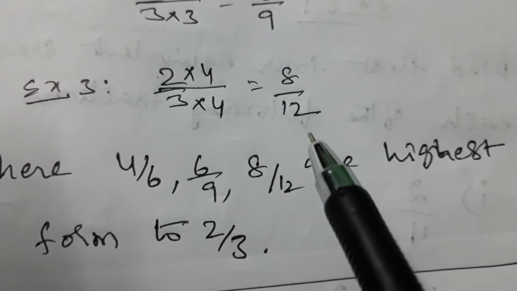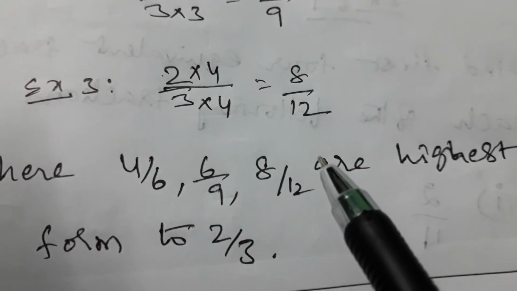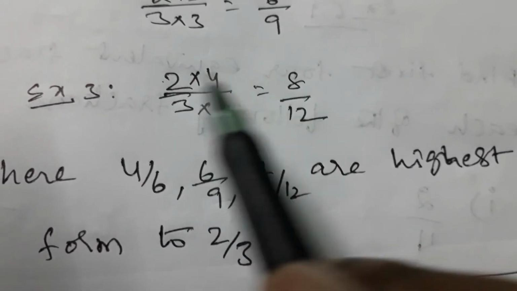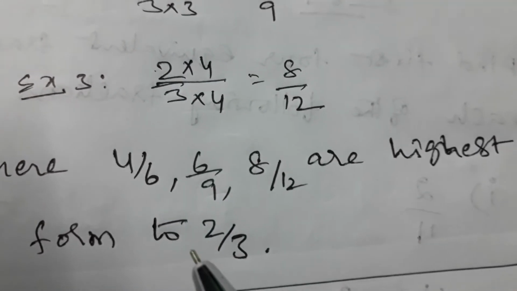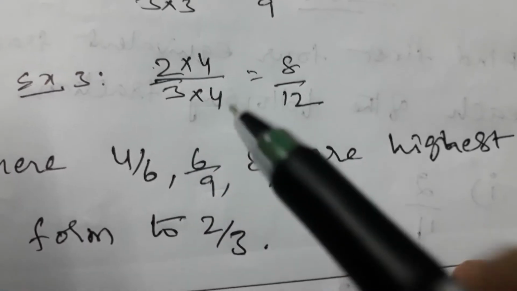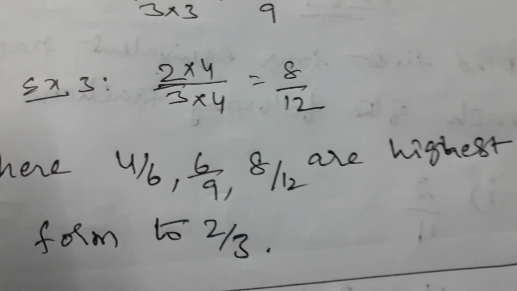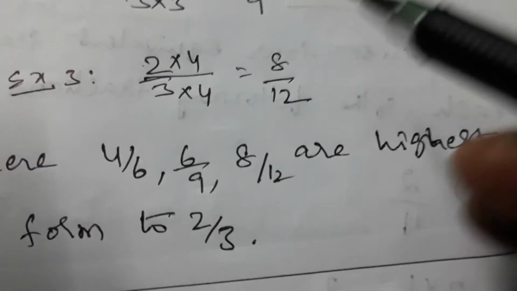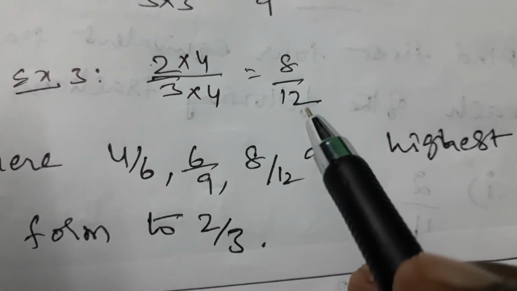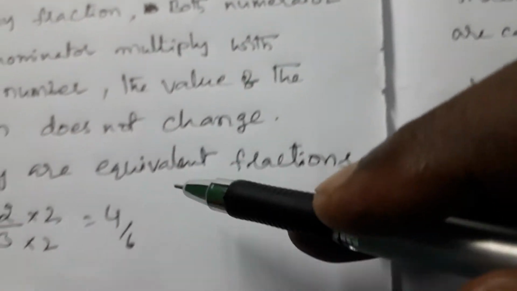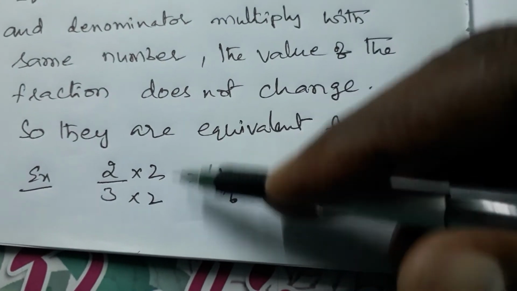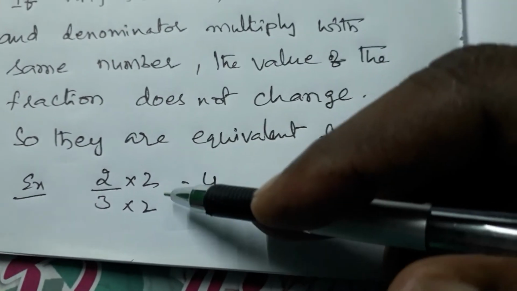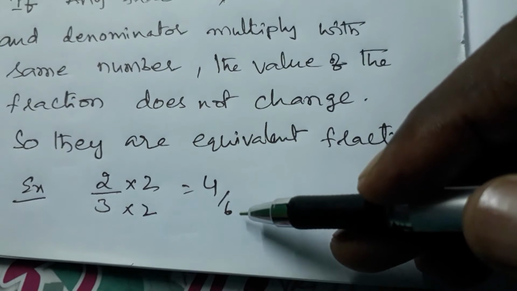Numerator and denominator may be different, but values are the same. This 8 by 12 is called a highest form of 2 by 3. Any fraction we can write in highest form and lowest form. In such a way, 2 by 3, numerator and denominator multiplied with the same number, 2 table, so then you will get 4 by 6.